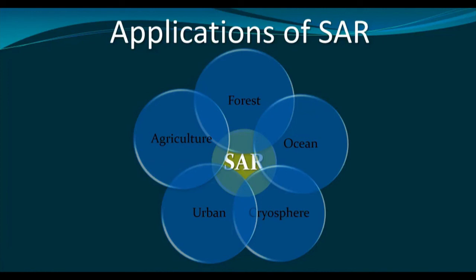Every technology has its own limitations, and you have to understand the limitations. The most important thing you have to understand is that remote sensing cannot provide you all required information. So, it is not like that if you get a SAR image, you can do anything and everything.